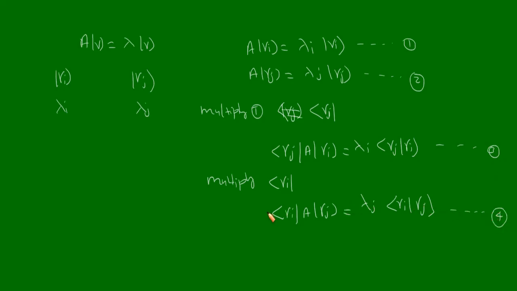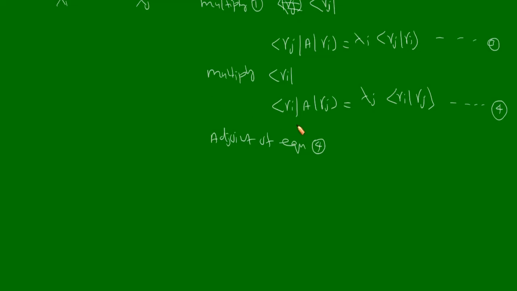Now let us take the adjoint of equation number 4. If you consider the adjoint of equation 4, then you will get Rj, then A dagger, then Ri is equal to lambda j star Rj Ri.